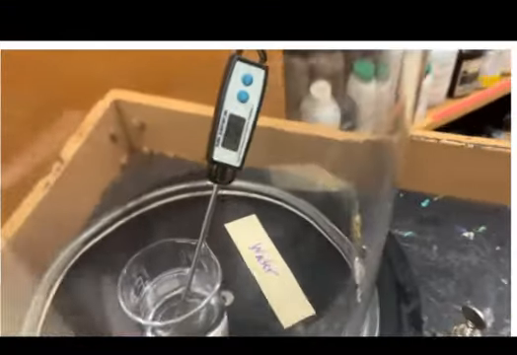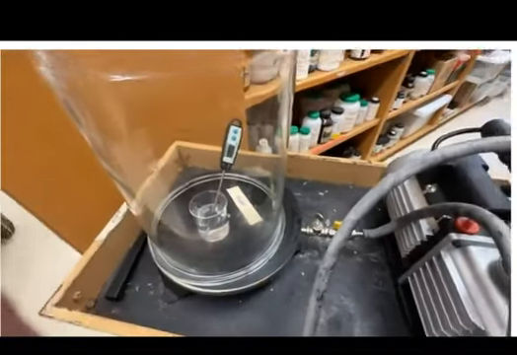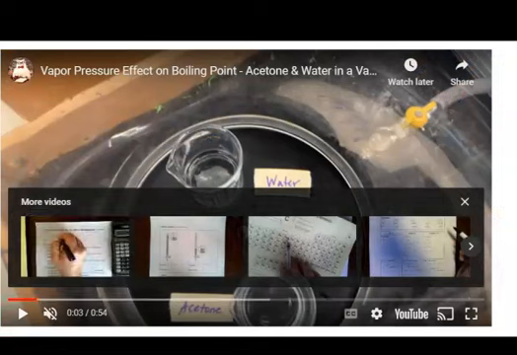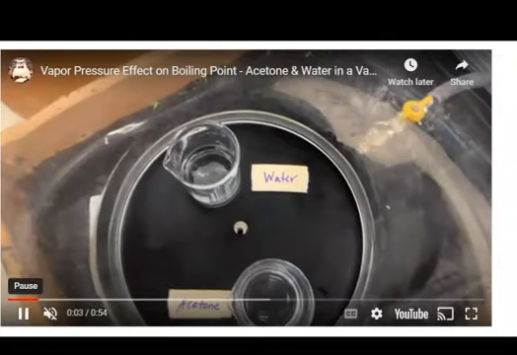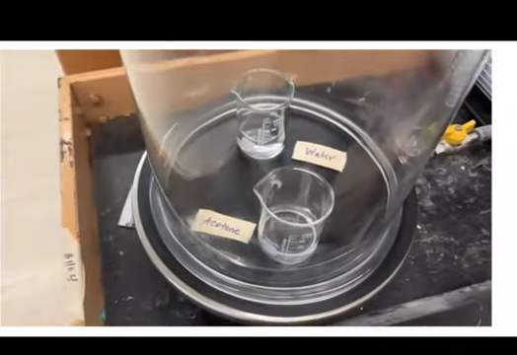I'm going to show you this video sped up a little bit at 1.5 speed. Here's the video that has both water and acetone in the vacuum chamber, and we are reducing the atmospheric pressure.